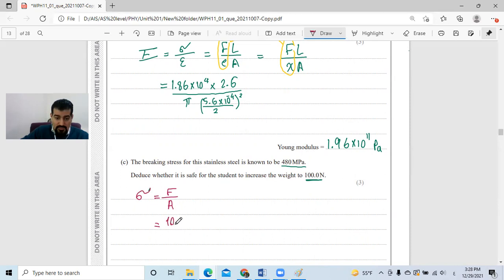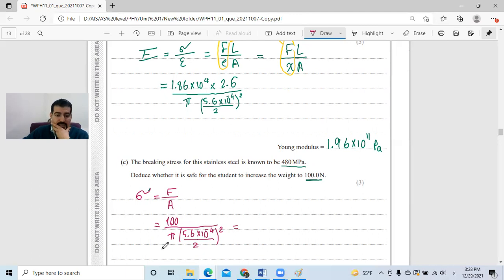So the force, which is 100, divided by the area, which is pi times 5.6 times 10 to the power of -4 divided by 2, all squared. Please use your calculator to give me the answer.